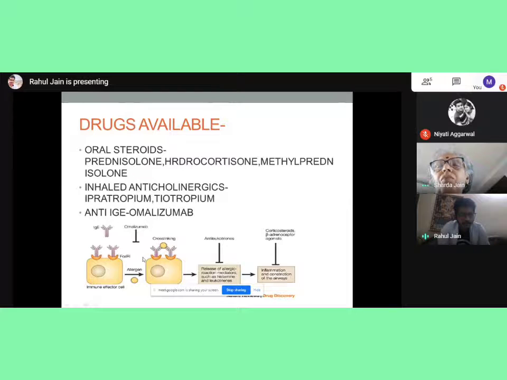So there is no place where the IgE binds. When there is nowhere IgE can bind, the degranulation won't happen and the patient will be asymptomatic. Then my corticosteroids and beta adrenergic agonists come and act at the last part, where the inflammation and constriction has already occurred, and I'm trying to provide the symptom-free interval, and at that time I'm stopping the inflammation.